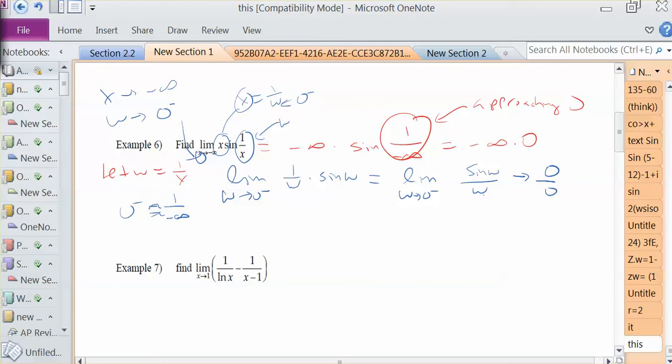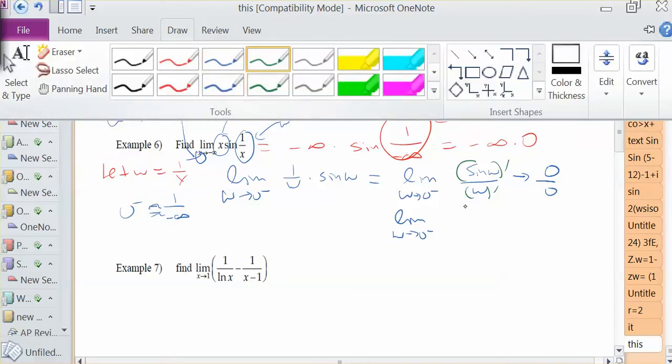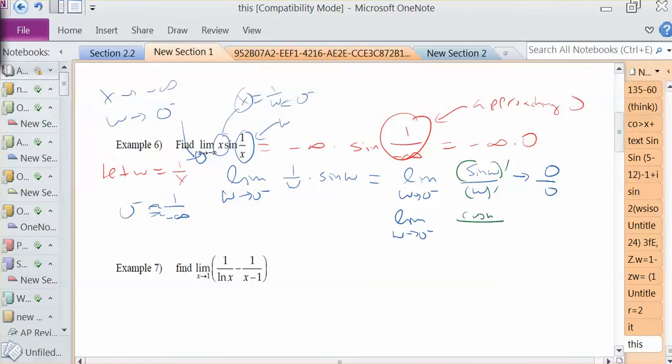Now, I can apply L'Hopital's rule, which is cosine w over 1. And of course, we just get 1 in this case. So that worked out very nicely. Again, my apologies about that mistake.